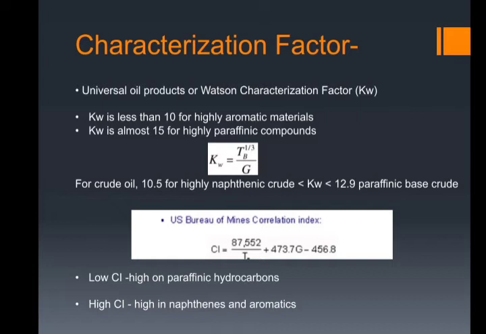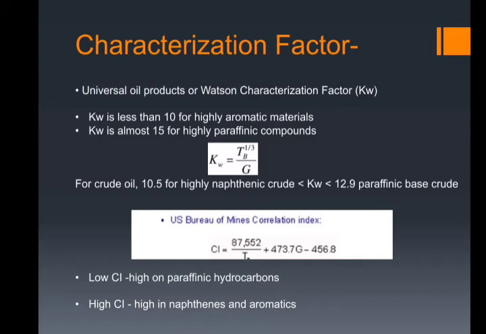Here I have shown the Universal Oil Products, in short UOP, or Watson characterization factor, which is represented by KW. KW is less than 10 for highly aromatic materials and at the same time is almost 15 for highly paraffinic compounds. The formula is already given there.